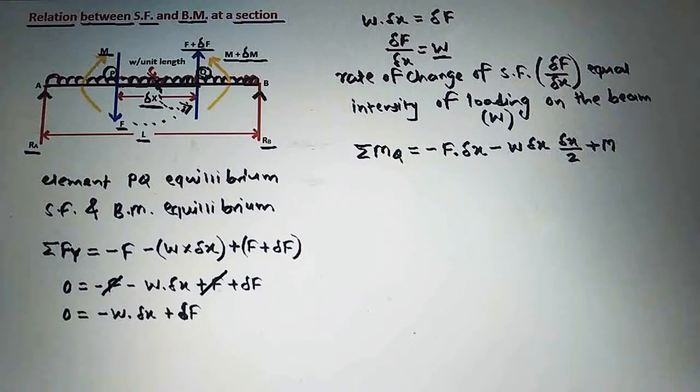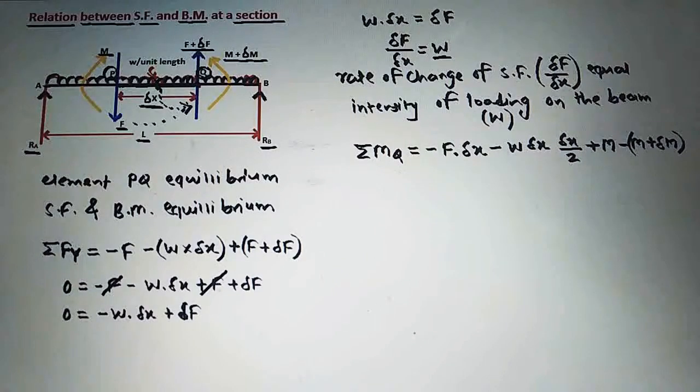The moment at the other section, that is M plus delta M, with respect to point Q will be in anti-clockwise direction, so we will take it as negative. So it will be minus of M plus delta M.